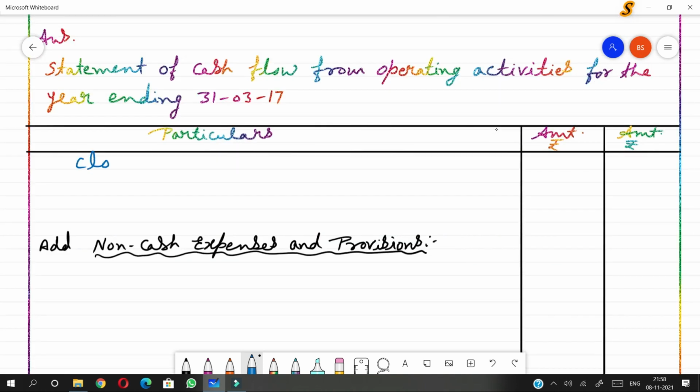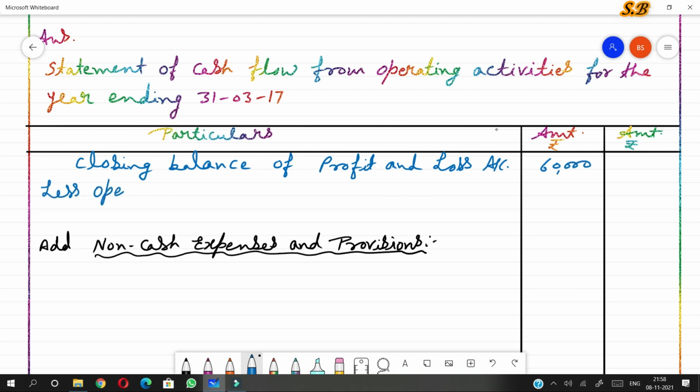Closing balance of profit and loss account 60,000, less opening balance of profit and loss account 25,000.